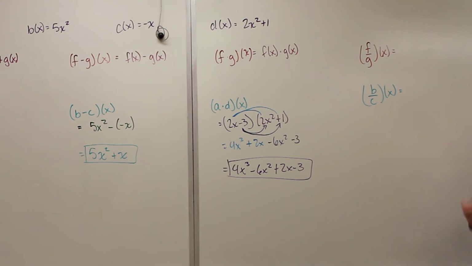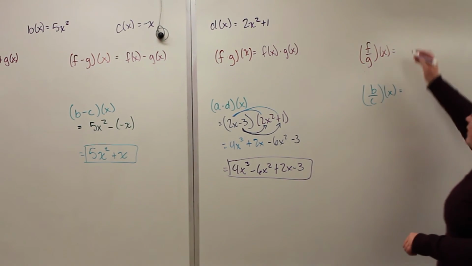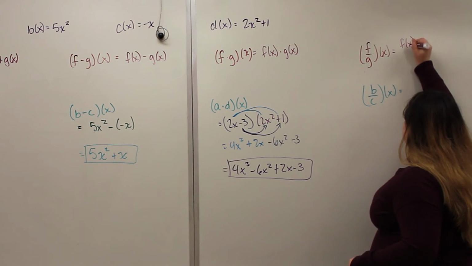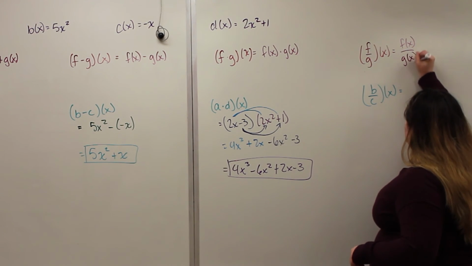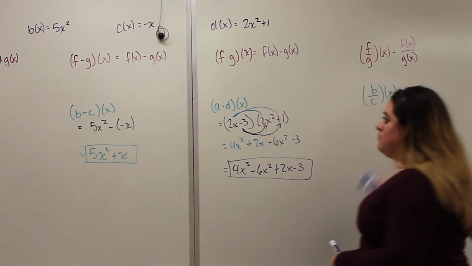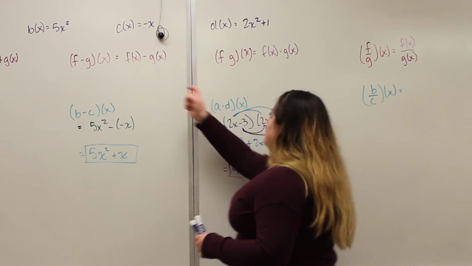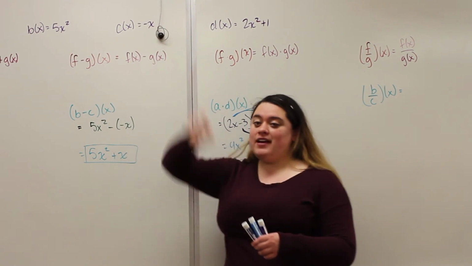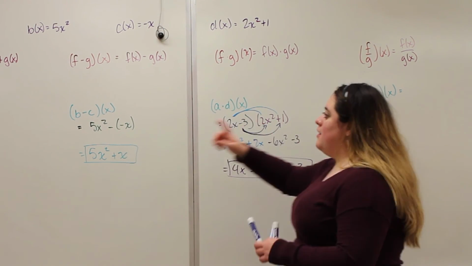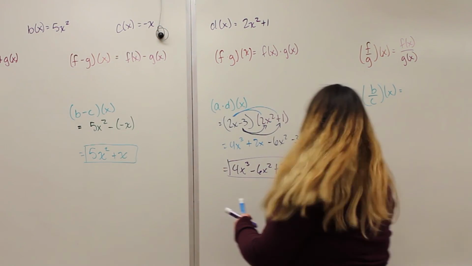It's the same thing with our division. We'll have (f divided by g)(x). We can also rewrite this as f(x) divided by g(x). We're going to use the functions b and c for this. Let's remind ourselves, b(x) is 5x squared and c(x) is a negative x. We'll put this function in the numerator and this function in the denominator.